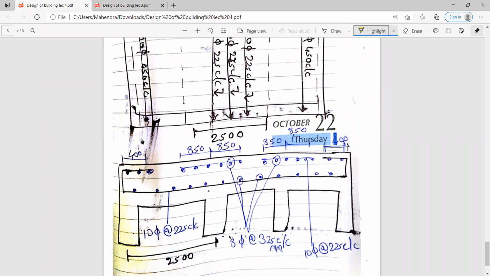And this distance is 400. This will be your 850. Again, this middle one will be 850. And this distance is again 400. And also you are provided the center bars of 8 mm diameter at the rate of 325 mm center to center. So I think I will share this entire PDF with you.